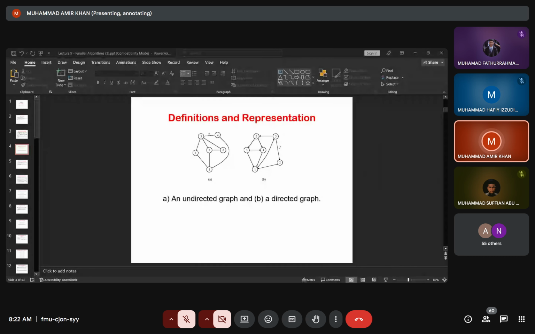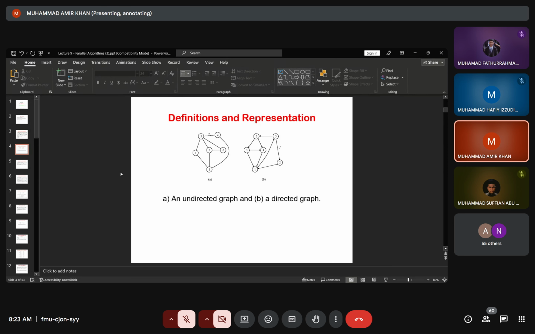It has direction. A goes to B, but not vice versa. Use cases are task scheduling, web page links, and road maps with one-way streets.